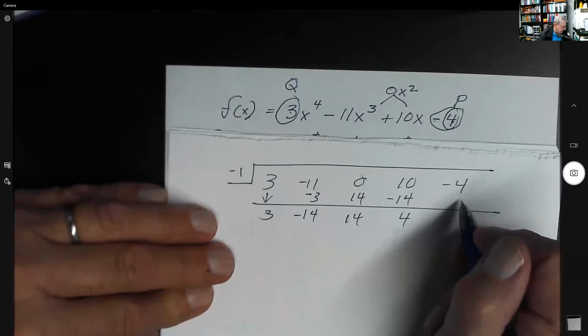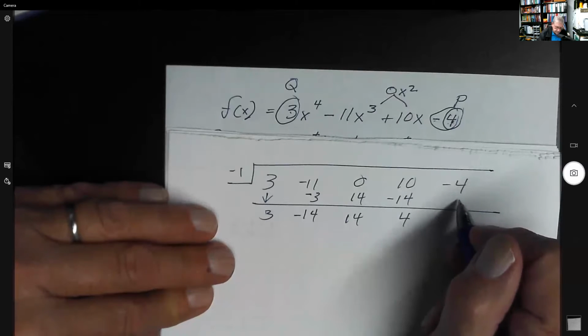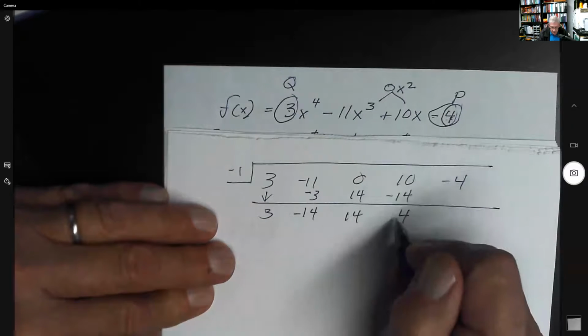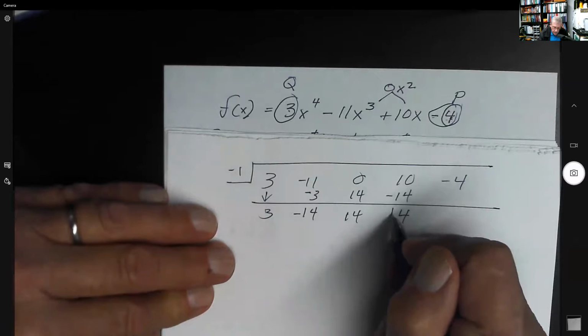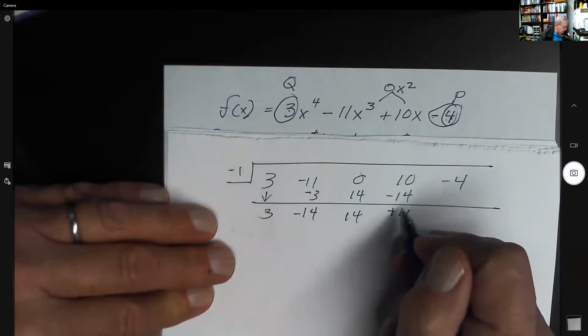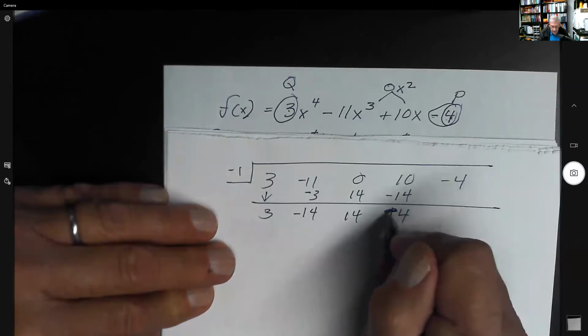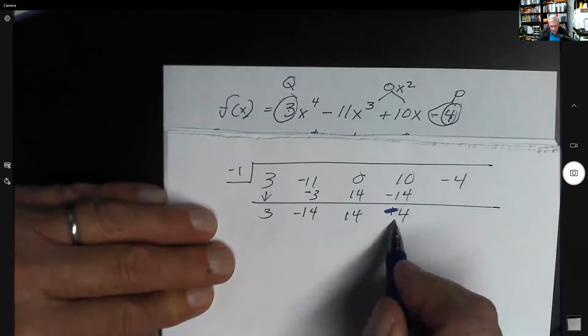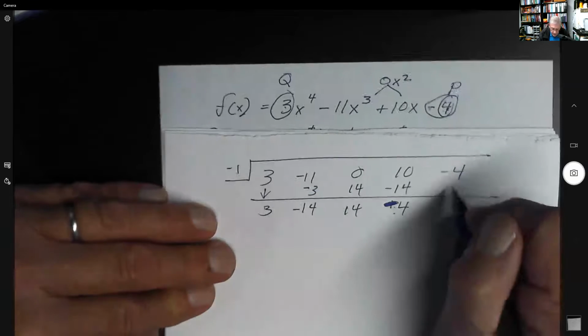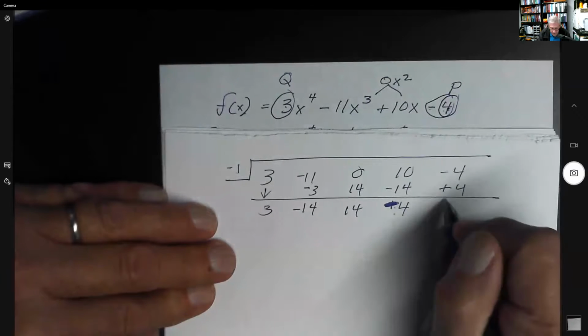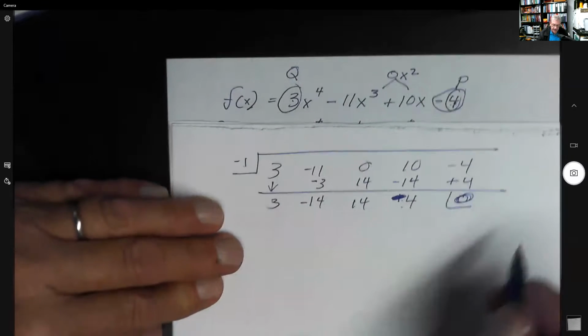I think I made a mistake here somewhere. Oh, right here, there should be a positive 4. No, this would be a negative 4. And a negative times a negative is positive 4. There we go, and there's my answer. Yes, I wanted it to be 0.